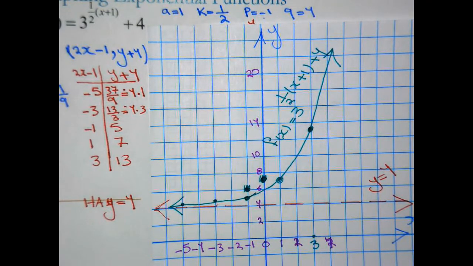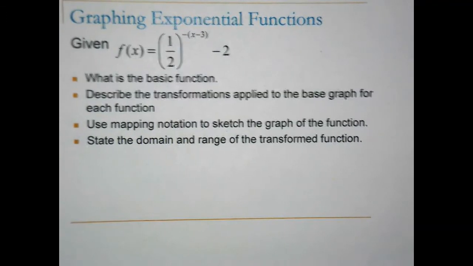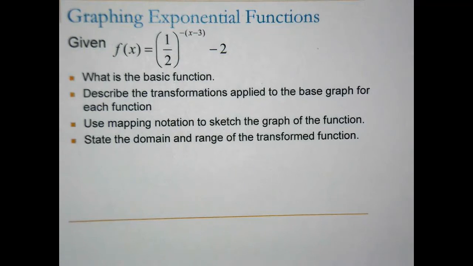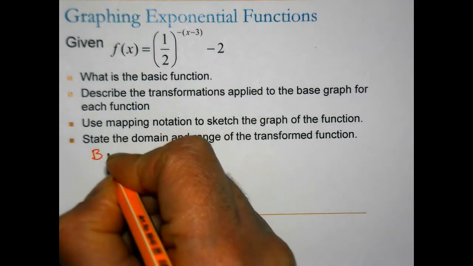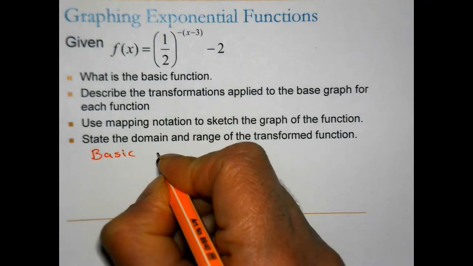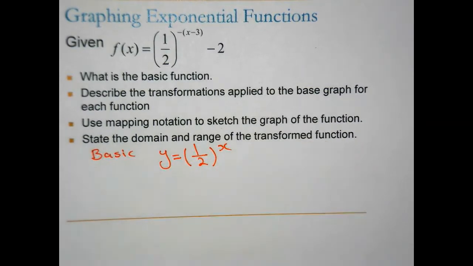Now let's do one more example here. The last example for today is f at x equals 1/2 to the exponent negative x minus 3 minus 2. Now, the basic function here is y equals 1/2 to the exponent x, meaning that our base is less than 1.